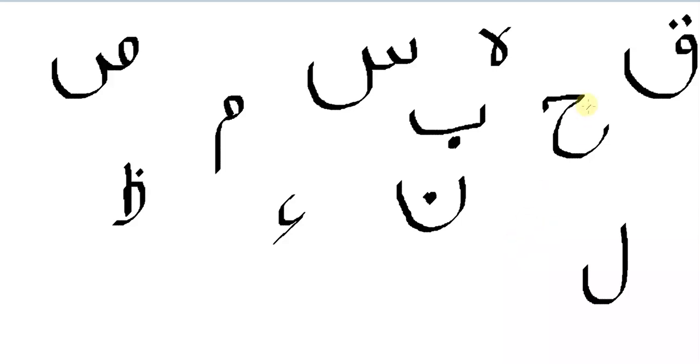And now if I put the dot here, now what is this? In the belly, it is ha. Is this ha if I put the dot inside? No. Now this has the dot. No, it's ha.